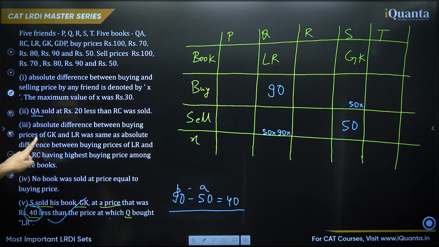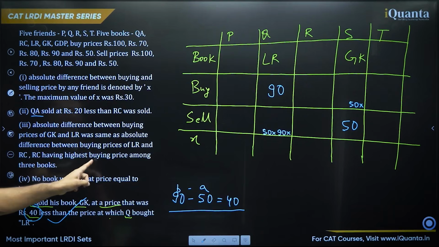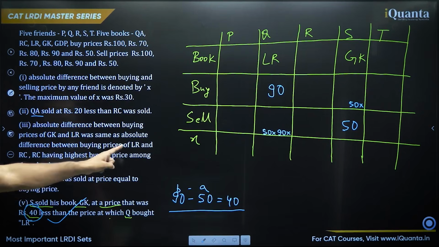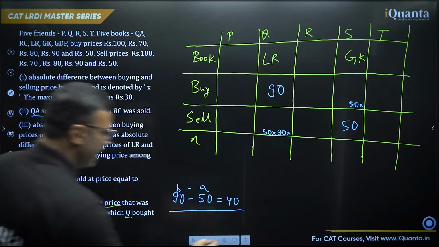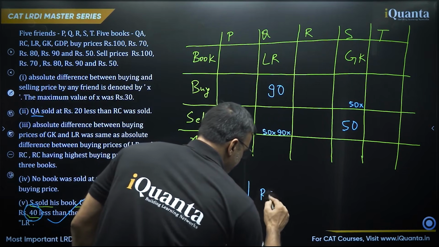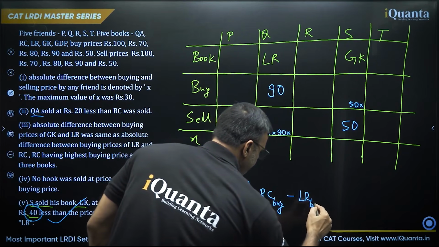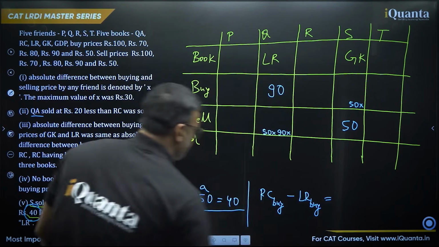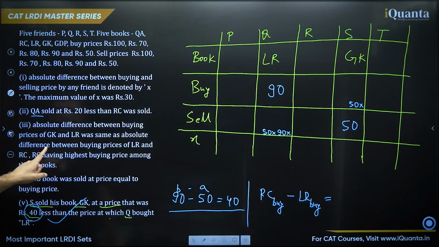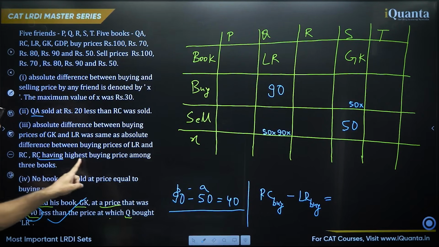Absolute difference between buying price of GK and LR was the same as the absolute difference between buying price of LR and RC. RC has the higher price among the three, right? So buying price of LR, RC. So I'll write very carefully: RC buy price minus LR buy price should be equal to, and this is an absolute difference, but it is already saying that RC has to be the highest.